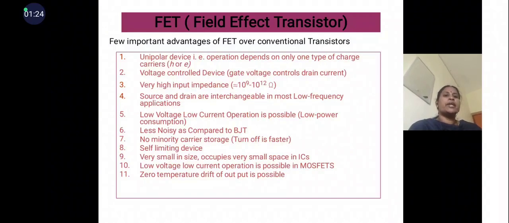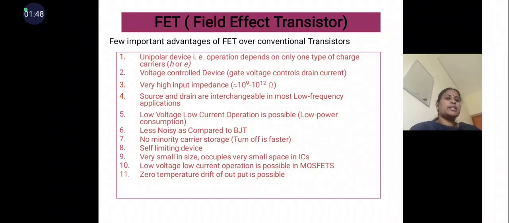FET has very high input impedance compared to BJT, and the source and drain are interchangeable in most low frequency applications. Hence FET is mostly used there, and low voltage, low current operations are possible in a FET device.